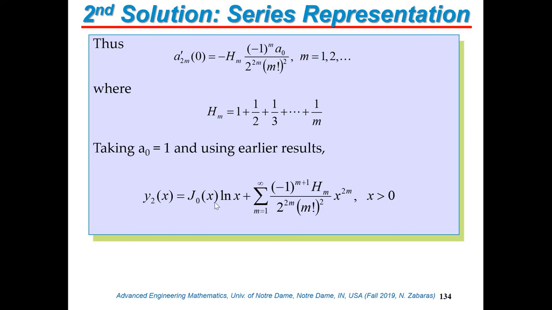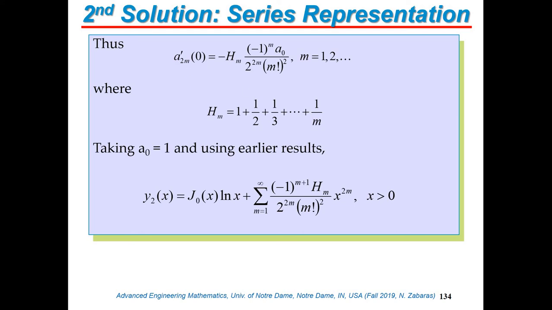And then there was a leading term, which is the y1 solution, which here we take to be the Bessel function of order 0. This is the J0 solution, but with a singularity defined by log of x. We discussed this for the case of equal roots in the previous lecture. So the only thing that is new here is computing these coefficients by differentiating our recursive formula for the coefficients an.